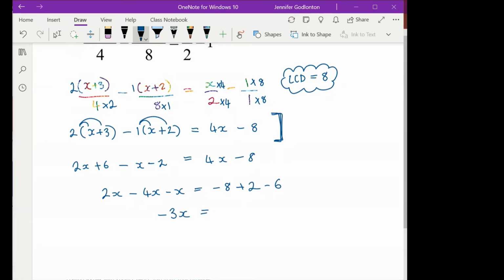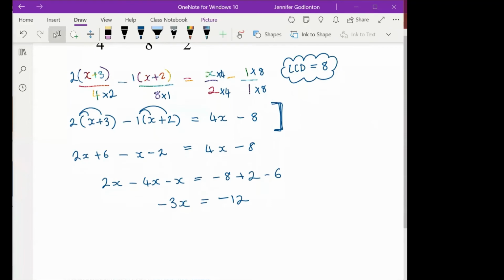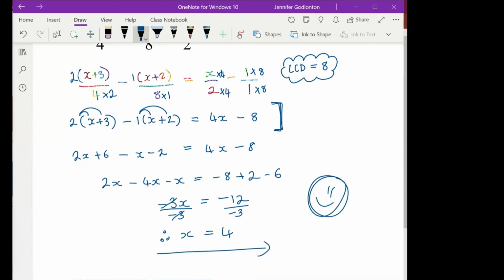No, negative 8 plus 2 minus 6. Negative 12, sorry. There we go. No worries. Okay. Last step, we need to divide by the coefficient on both sides. And so what does x equal? What I got is x is equal to 4. Yes. Well done. That's awesome. Great work.